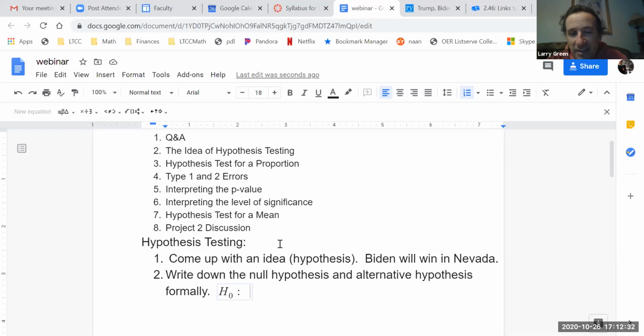Let me write it down. P. P for the proportion of yeses. Remember when we talked about confidence intervals, it was P lies between these two numbers. P comes up a lot in our class. So P, then you go equals. Now, if Biden does not win, what's the best he could do by not winning and still not win? What proportion?